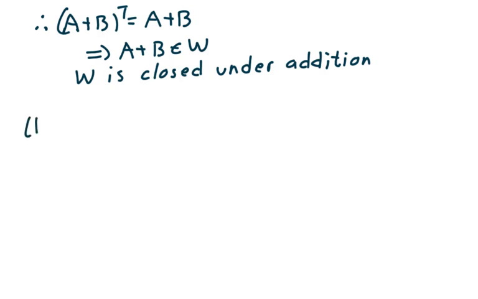Now, if I take the transpose of Ka, this is K times A transpose. So essentially, I'm pulling the K out in front.